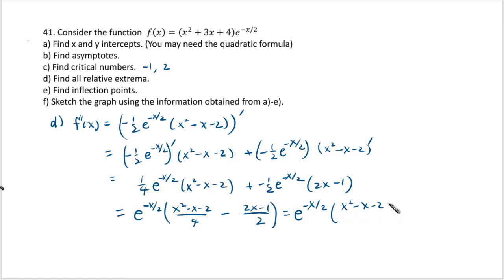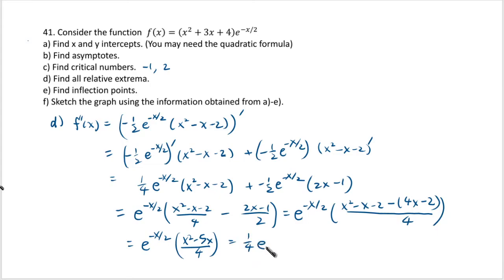Twice of 2x is 4x, twice of negative 1 is negative 2, and the entire thing is subtracted. So it's like this, and then that's going to give us x squared minus 5x, and then negative 2 minus negative 2, so that cancels, so that's it. Okay, so you can write this as 1/4 of e to the negative x over 2 times (x squared minus 5x). That's your second derivative.